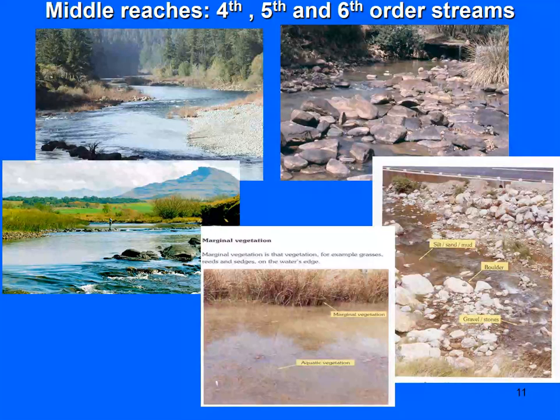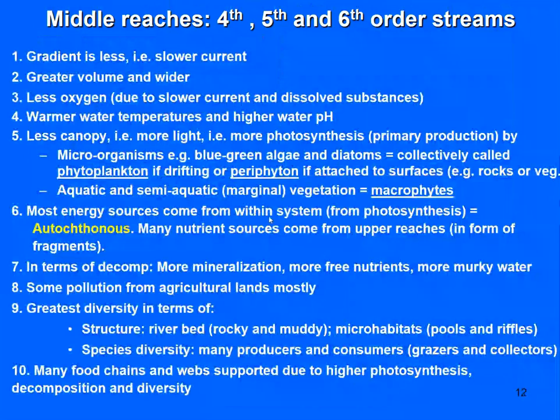If they are drifting in the water, all of these microorganisms, then they are called phytoplankton. And if they are attached to rocks, they are called periphyton. The names are mentioned on the slide: periphyton and phytoplankton. And there's the word macrophytes for the plants. There's the word autochthonous, which means that the energy sources come from within the system. So they capture their own energy.